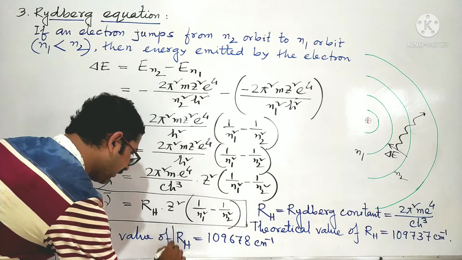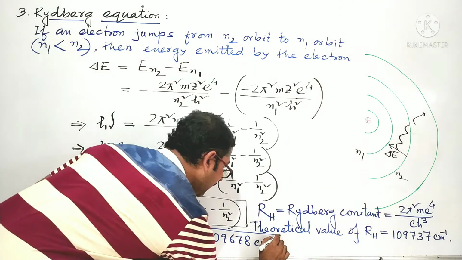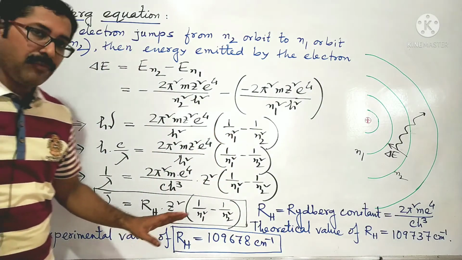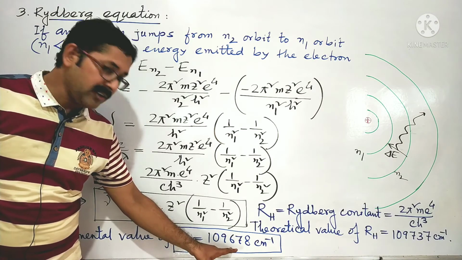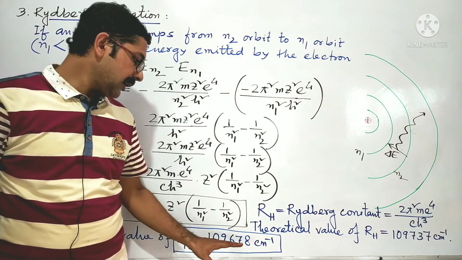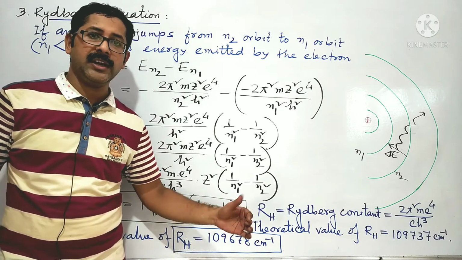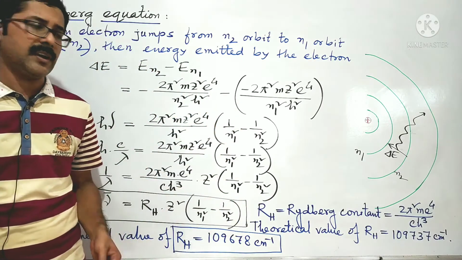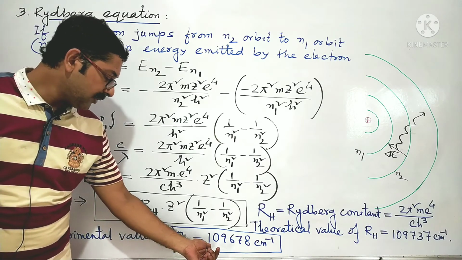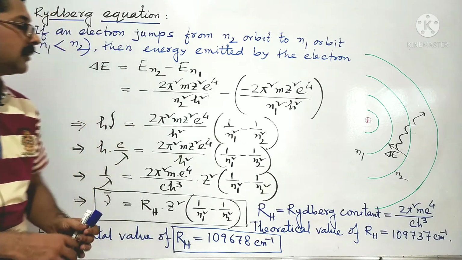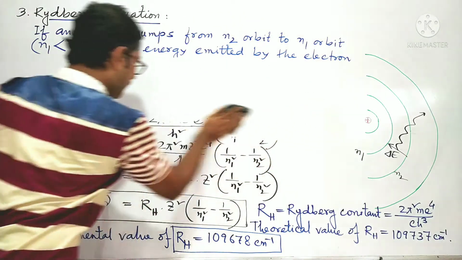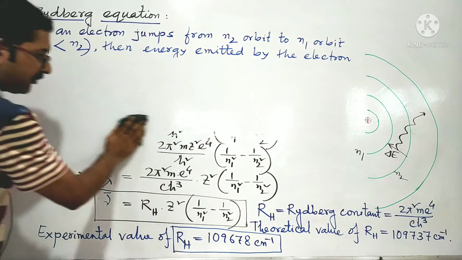So this value is very important for our calculations. You will find this value of Rydberg constant, 109,678 centimeter inverse, in the question paper of NEET, JEE or in different competitive exams. Okay, so this value is very important. Now we will find another form of this Rydberg equation.